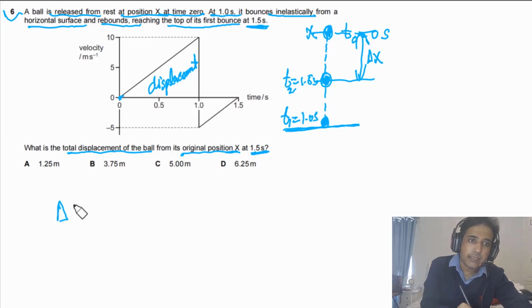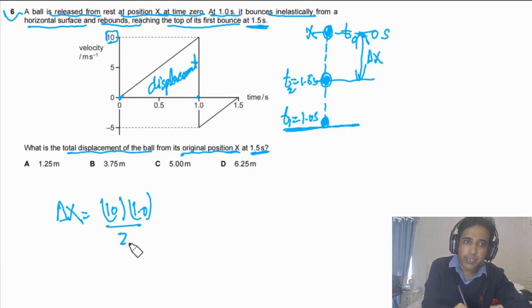So delta x simply will be equal to the difference between these two. And if we calculate this area, we have 10 here, and here we have 1. So this area will be equal to 10 times 1.0 divided by 2 minus this area.